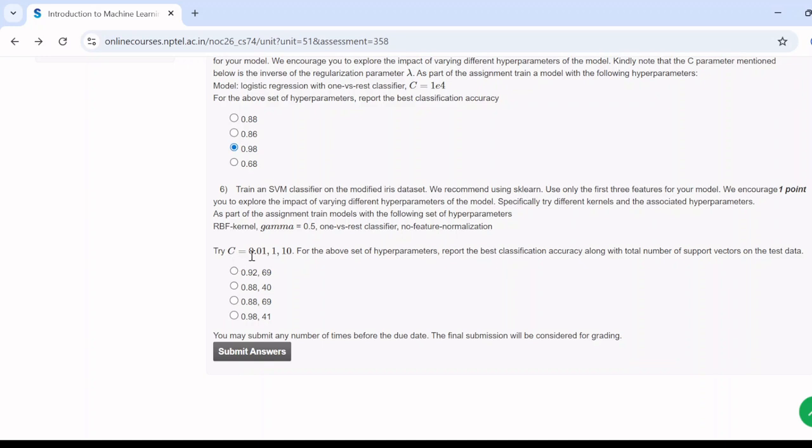So try C equal to 0.01, 10. For the above set of hyperparameters, they are asking for the accuracy along with the total number of support vectors. Accuracy we have already calculated as 0.98, and the total support vectors will be 41. So the option is the last one. Thank you.